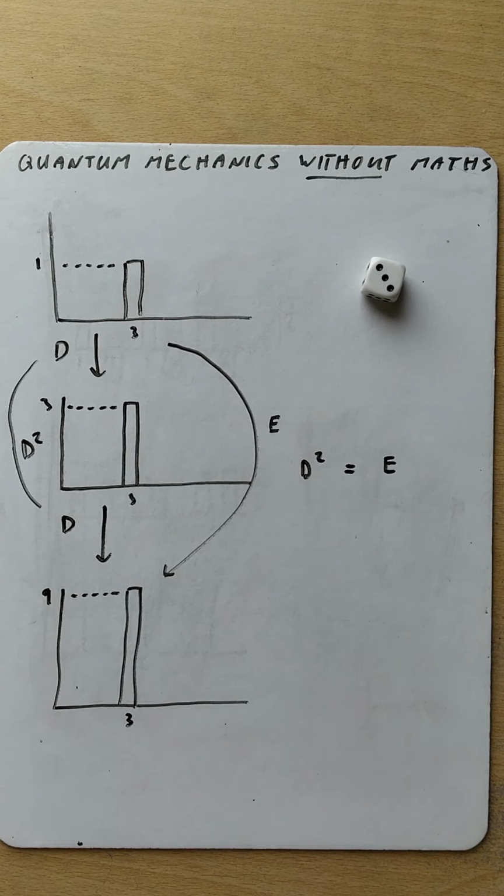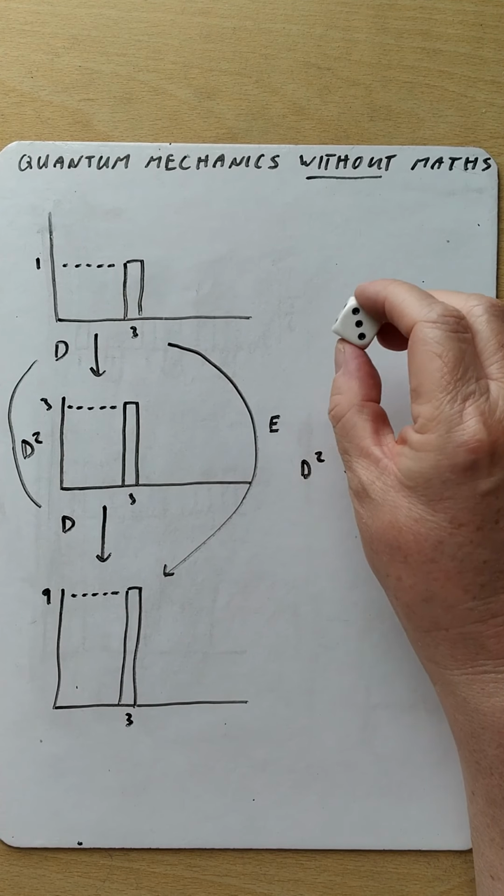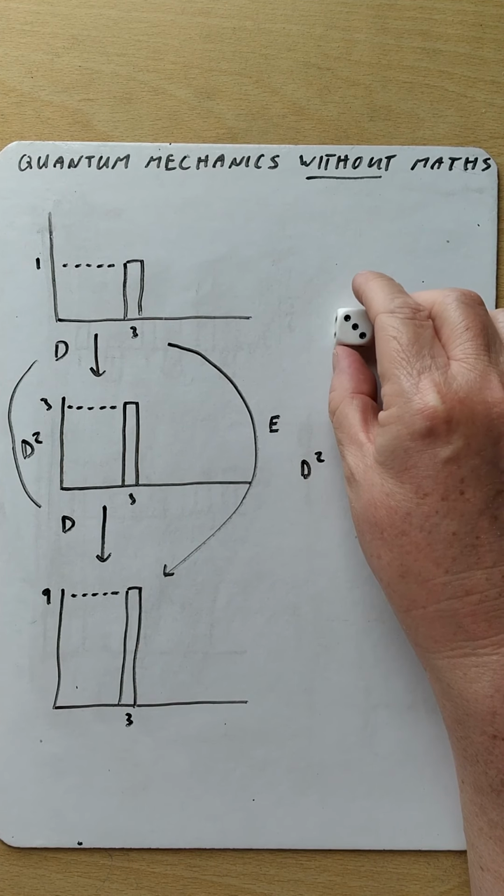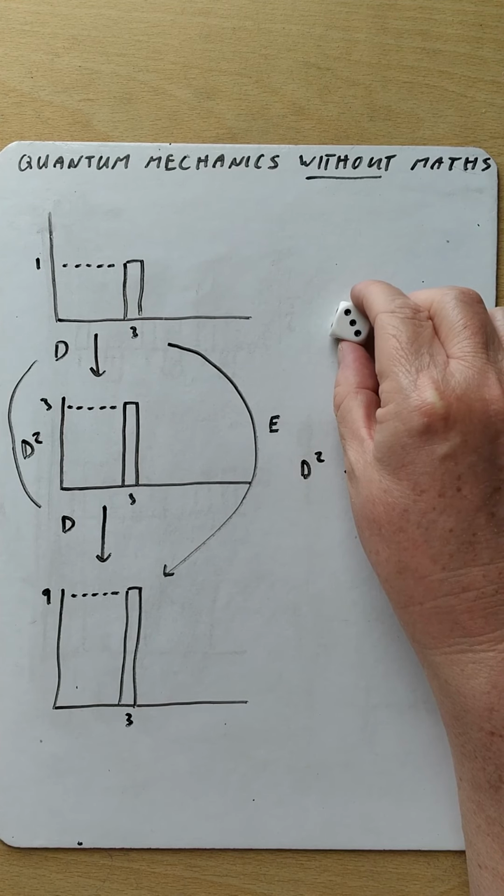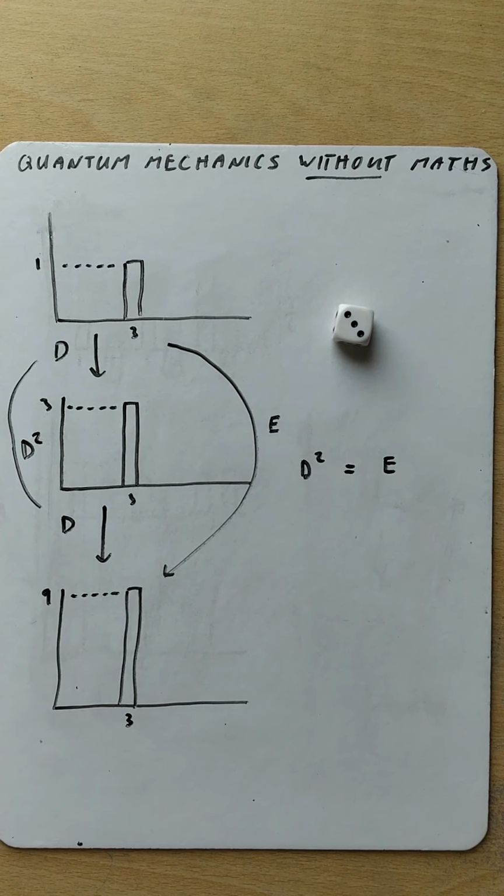Now suppose we're playing a game with the dice, and the game designer has specified that when you roll the dice, you don't actually take the value that the dice shows as your score, but the square of the value.